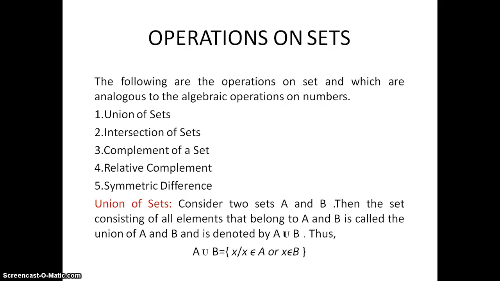Consider two sets A and B, then the set consisting of all elements that belong to A or B is called the union of set A and set B and is denoted by the symbol A union B. Thus, A union B is equal to {x such that x belongs to A or x belongs to B}.